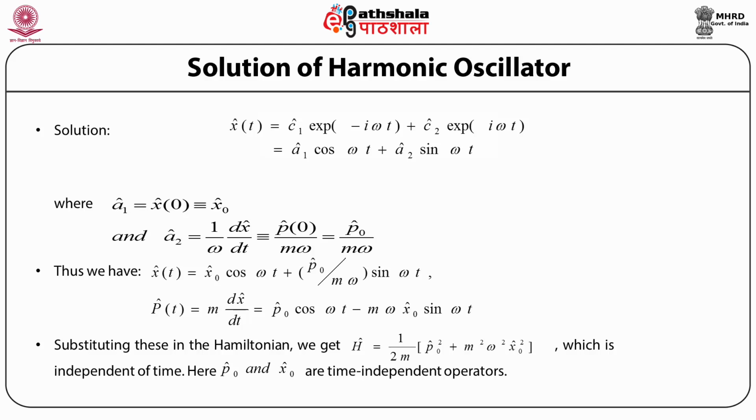Substituting these in the Hamiltonian, we get the Hamiltonian operator H is equal to 1 upon twice mass times within brackets operator p naught square plus mass square times angular frequency square times operator x naught square.